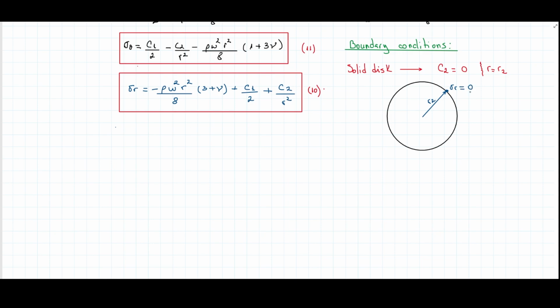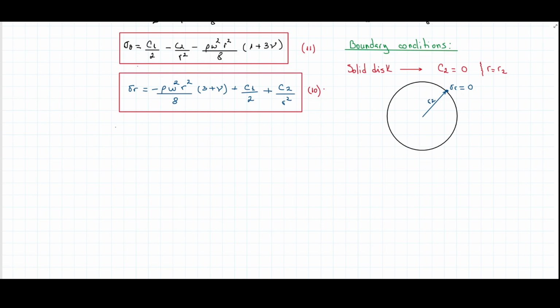And why is the radial stress at that point 0? Well, if you remember from our lectures on thick shells, if there are no pressures or forces applied to the outer surface of the disk, then the radial stress is 0. And that has to happen. So I have my two boundary conditions: if I know that at R2 the radial stress is 0, then if I substitute R2 here and 0 here, I get how much C1 is. So I can solve for that.